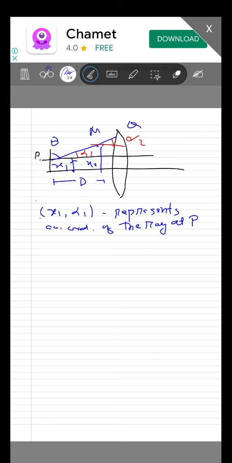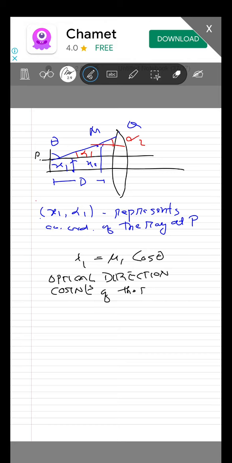We introduce the quantity lambda 1, equal to mu 1 cos theta, and it is the optical direction cosine of the ray at P, where mu 1 is of course the refractive index.